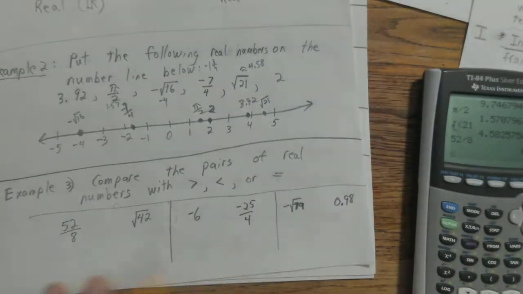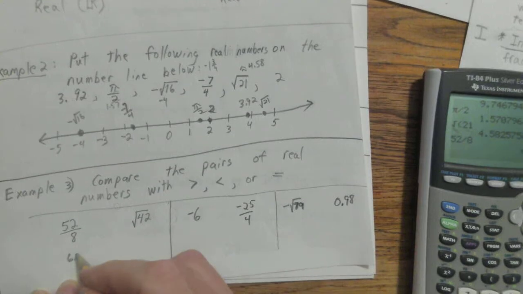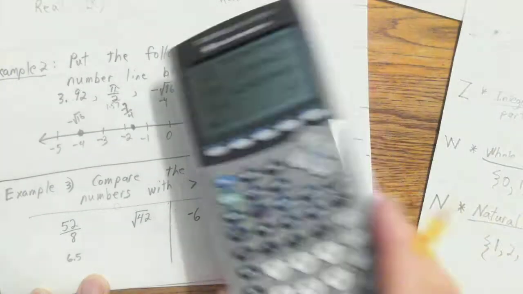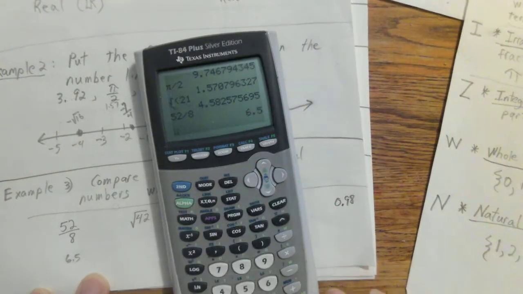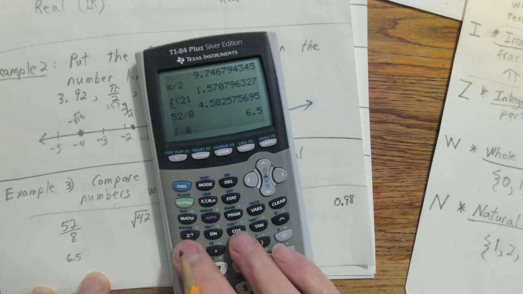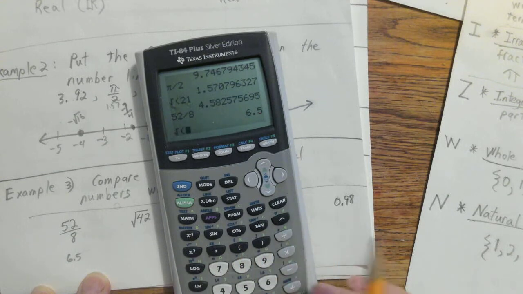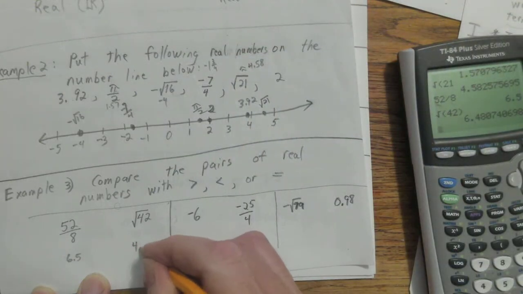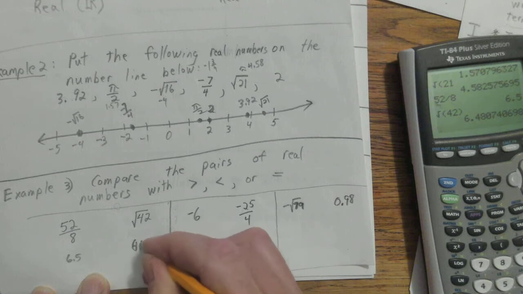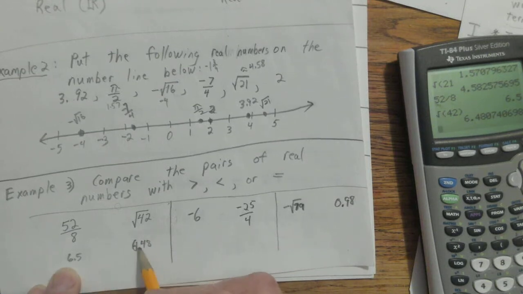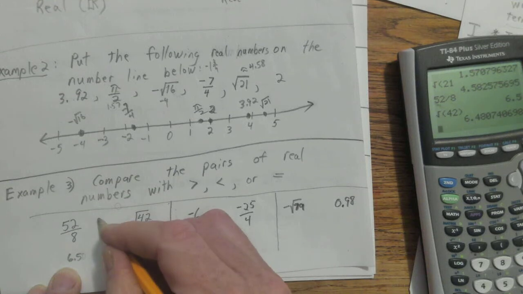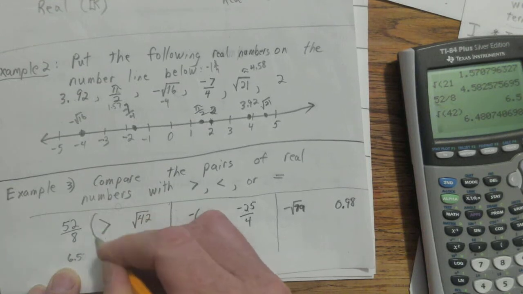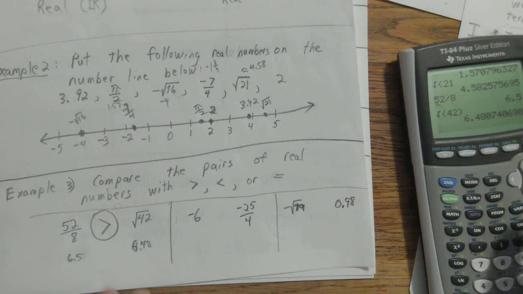That's 6.5. Square root of 42 .48. Those are really close. 6.5 though is just a touch bigger. That's 6.50. So I'm going to put greater than there.